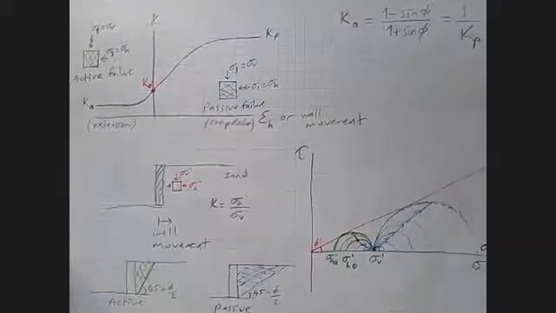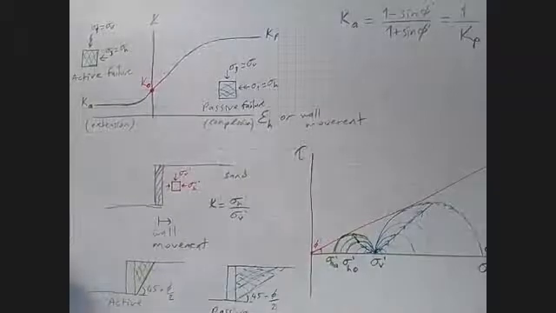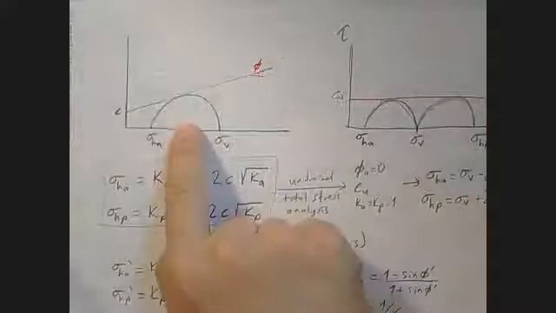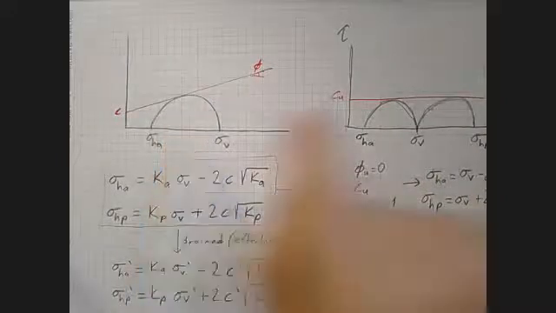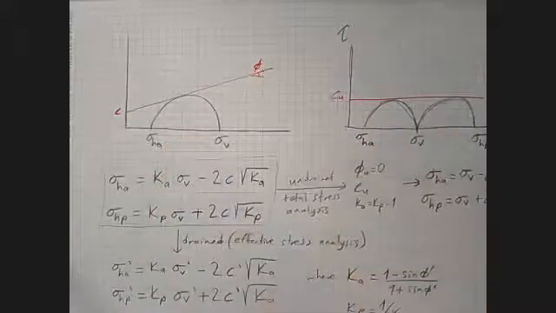In active and passive conditions, the circles are always going to be tangent to your strength envelope.